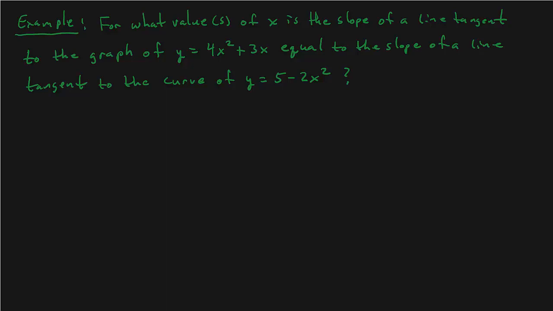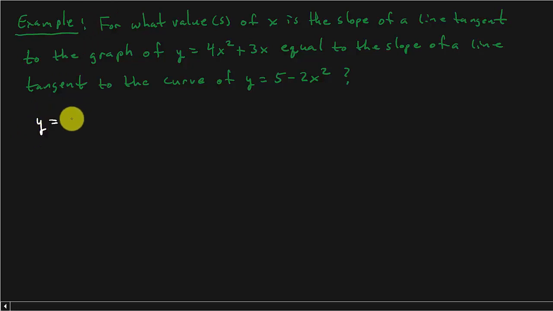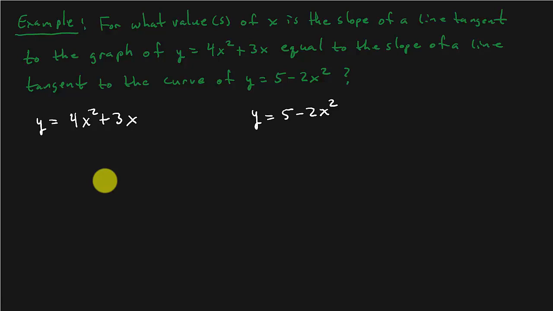So we want to know when the slopes of those tangent lines are equal. We've got y equals 4x squared plus 3x, and y equals 5 minus 2x squared. If we graph those two, at what x values are the slopes of their tangent lines the same?